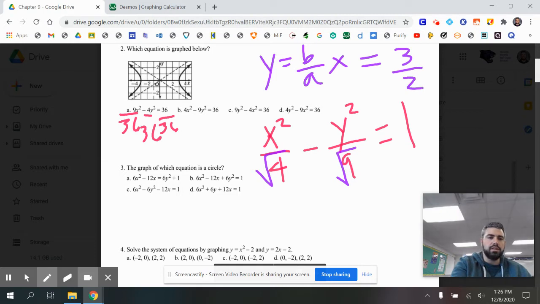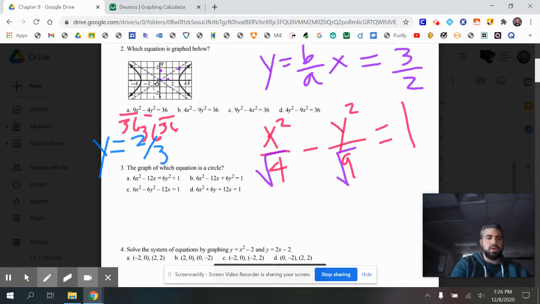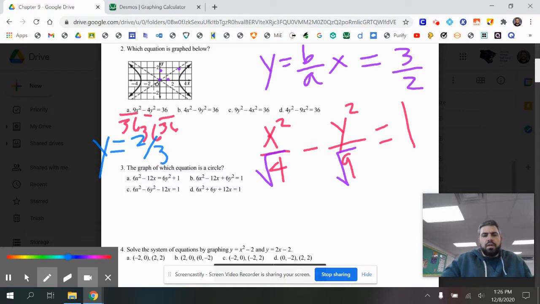And if I look at this one, it goes up 2 and over 3. So that actually means our line should be y equals 2 over 3, which then means that A is going to be 2 and B is going to be 3. Excuse me, B is still 2 and A is 3.